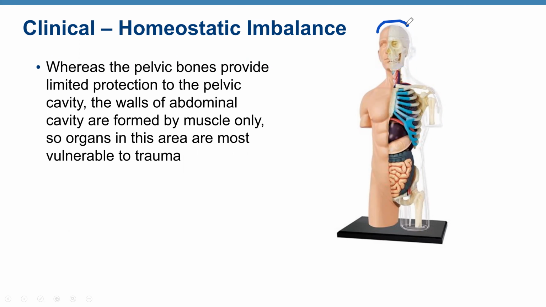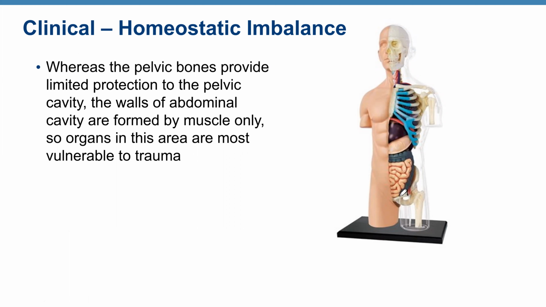Cranial cavity protects your brain. Vertebral cavity protects your spine. Thoracic cavity has a rib cage, bones, that protects your lungs and your heart, and some structures like the trachea, for example.